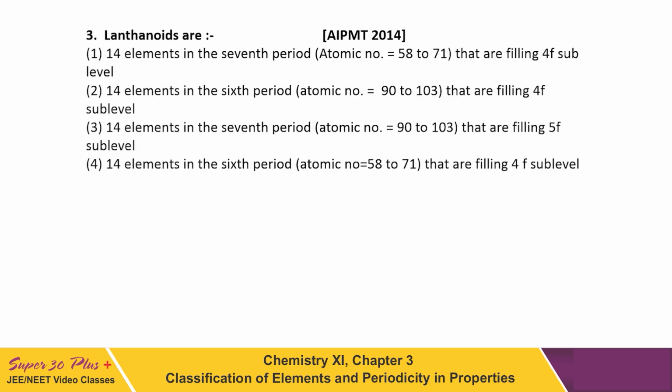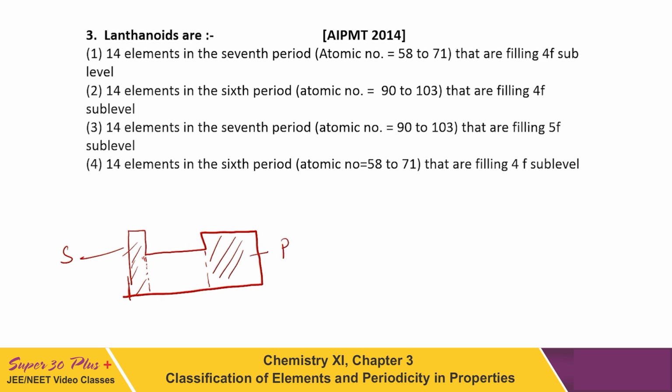Now another question. In this question, the examiner asks, what are lanthanoids? Students, do you remember what lanthanoids are and where they are? In the raw format of the periodic table, this one is the S block, here it is the P block, and in the middle it is the D block.